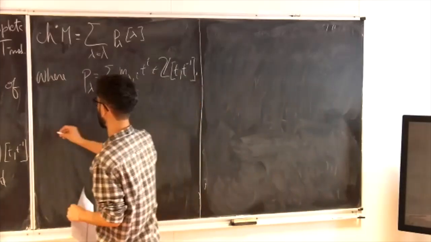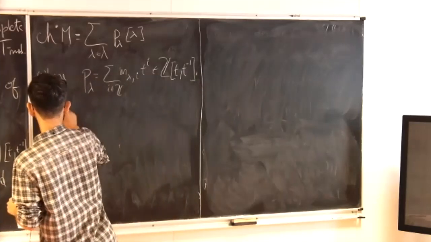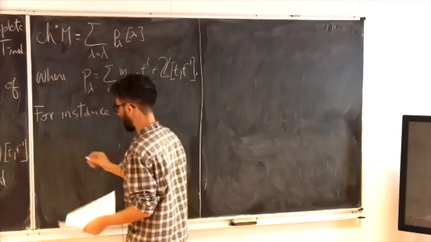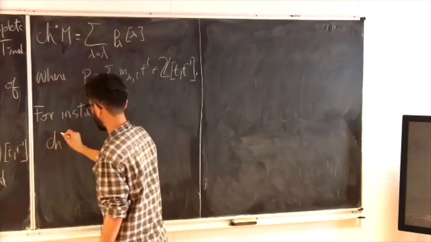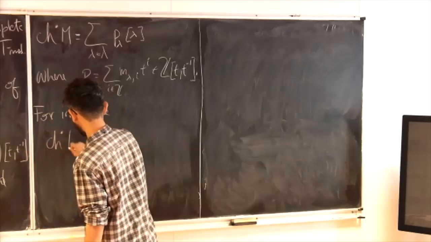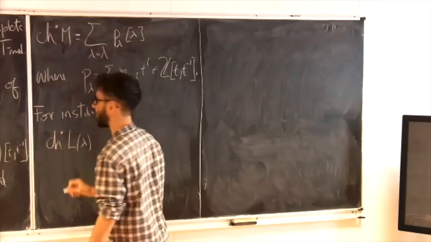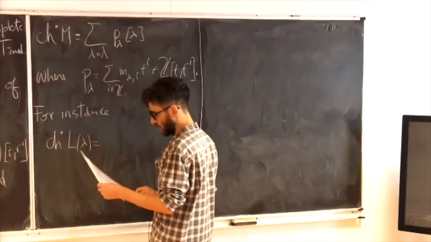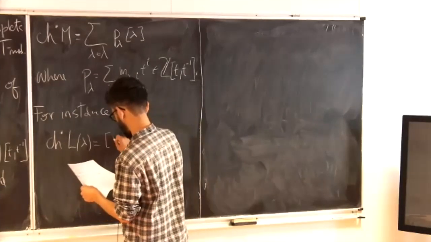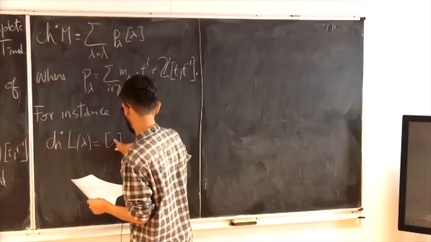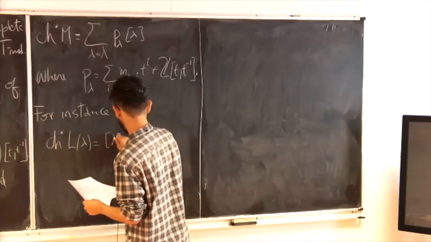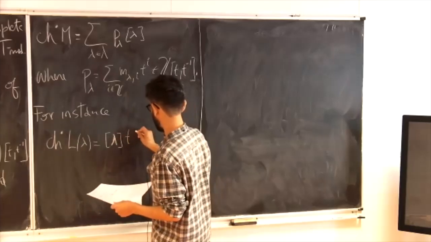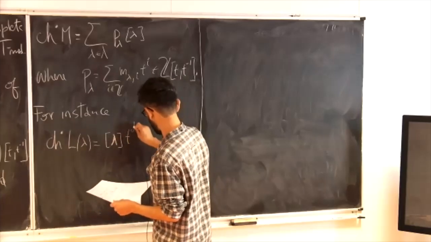For instance, we can see more or less the form of the graded character of a simple module L lambda, and this will be equal to lambda multiplied by the polynomial of t to the d.